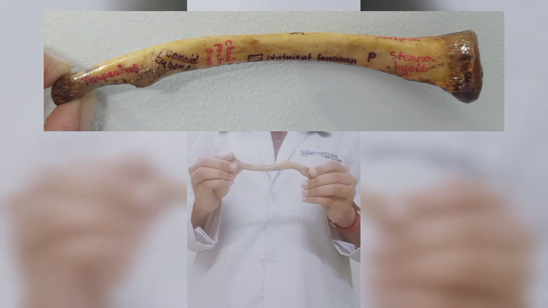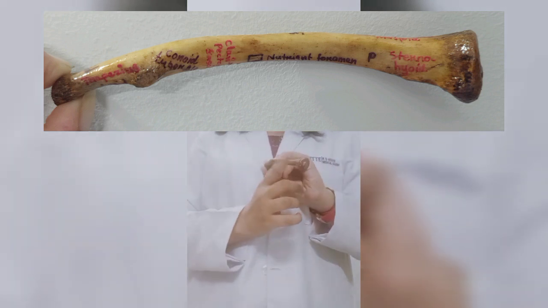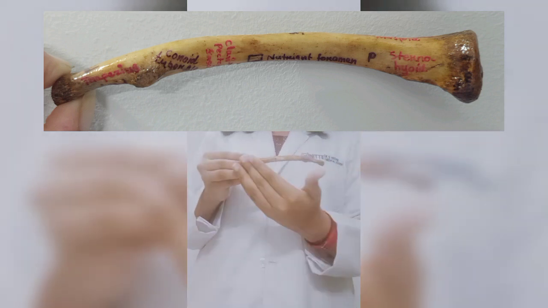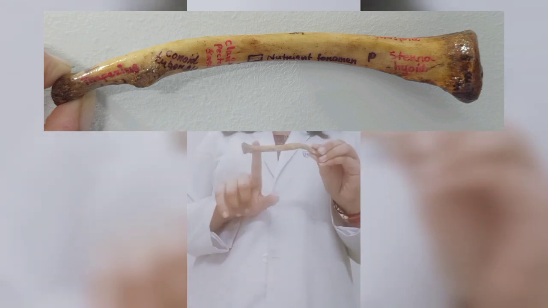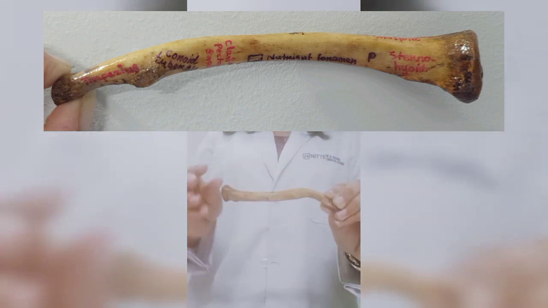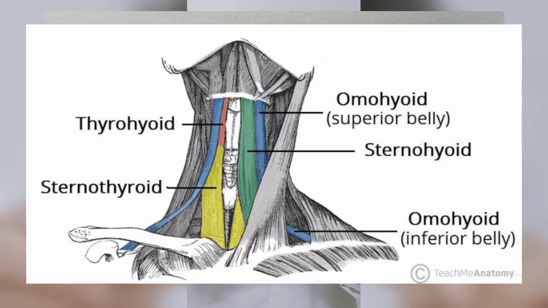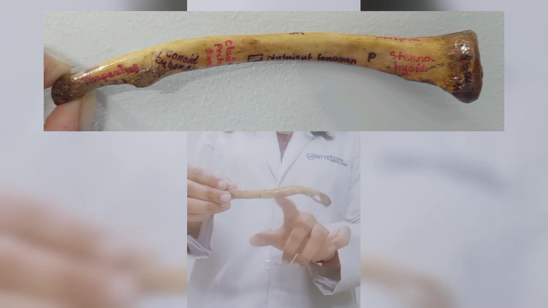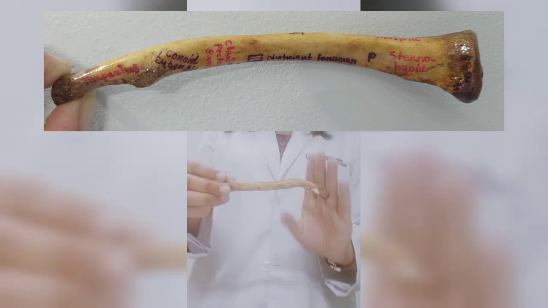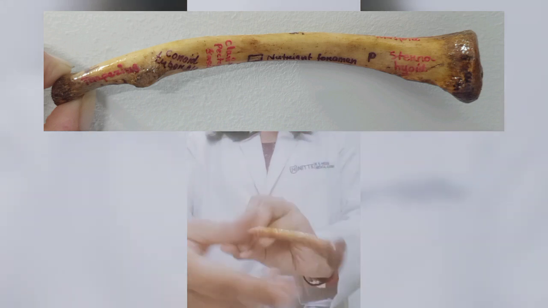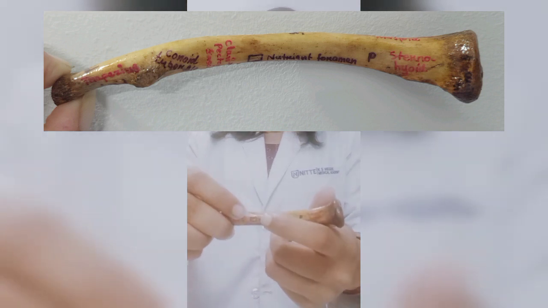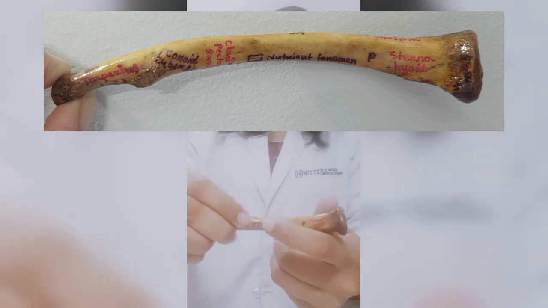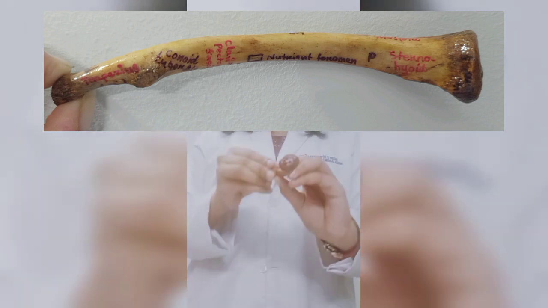Now we will discuss the posterior portion, opposite to anterior. Medially, sternohyoid muscle attaches. In the middle portion there is a nutrient foramen, which I have marked in a rectangular shape.